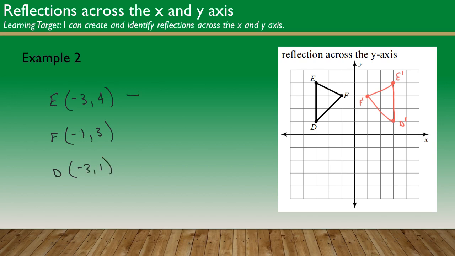To reflect over the y-axis, we just change the x's. So E prime is at 3, 4, as we see. F prime is at 1, 3, as we see in the picture, and D prime is at 3, 1. So there is our reflection across the y-axis.